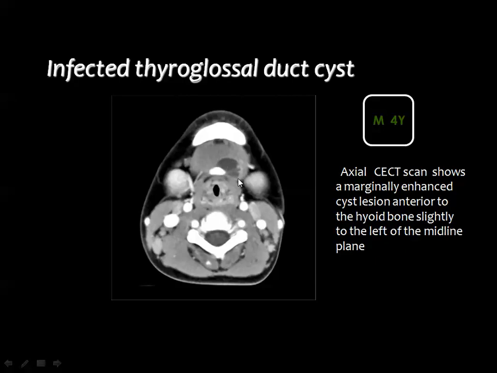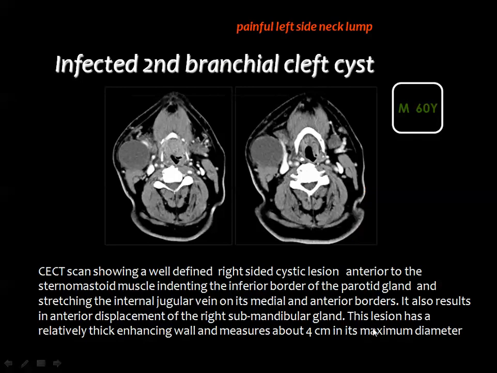The cyst showed marginal enhancement. Of course, if the cyst is not infected, you do not see marginal enhancement and you do not see air inside the lesion. And here you can appreciate the presence of reactive cervical lymph nodes, which are discrete, homogeneously enhanced, and in the range of 1 to 1.5 centimeters.